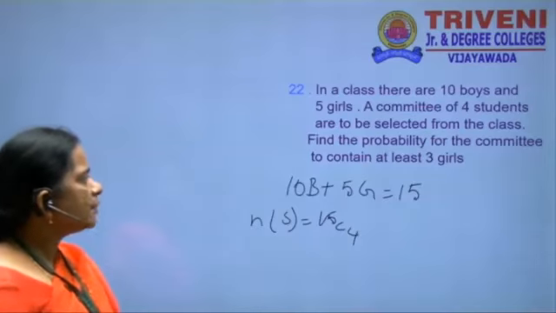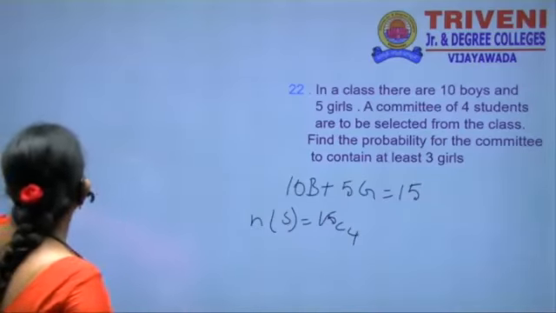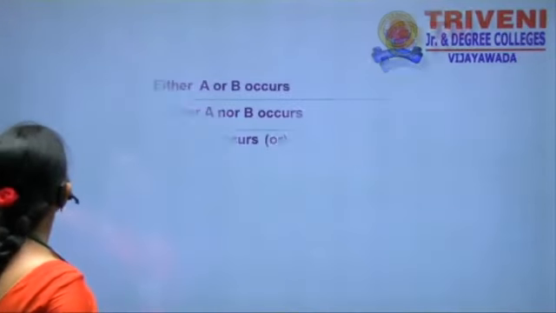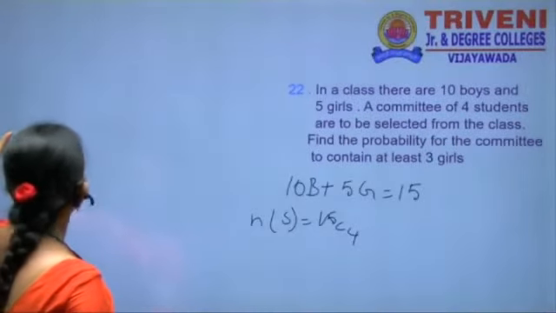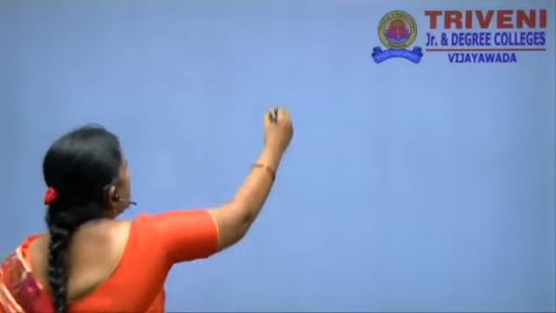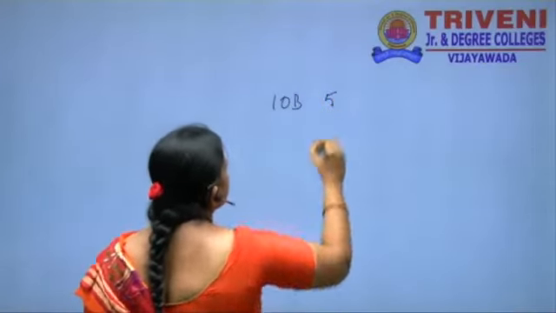Then find the probability for the committee to have at least 3 girls. How many boys are there here? 10 boys. And girls are 5.